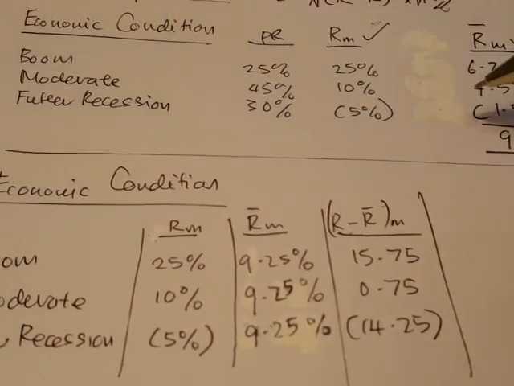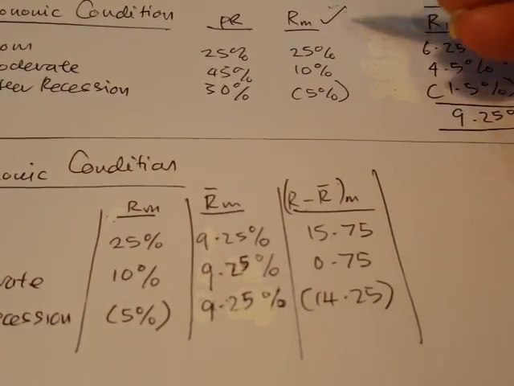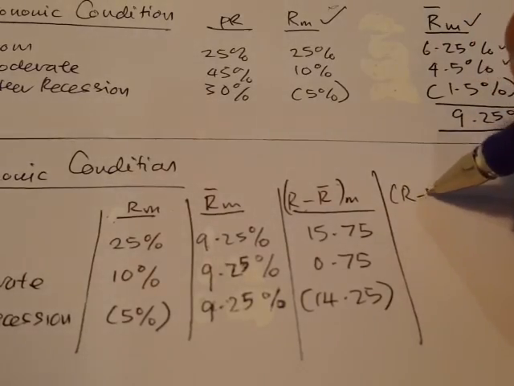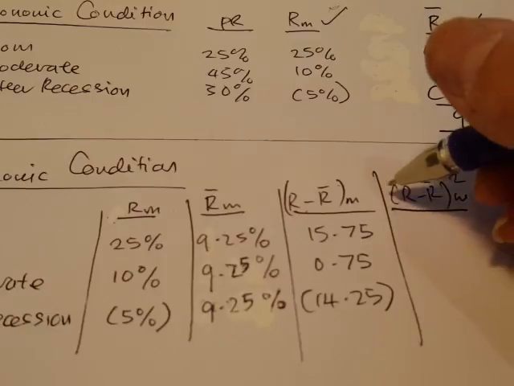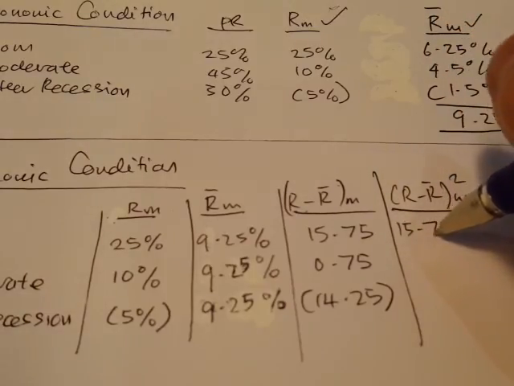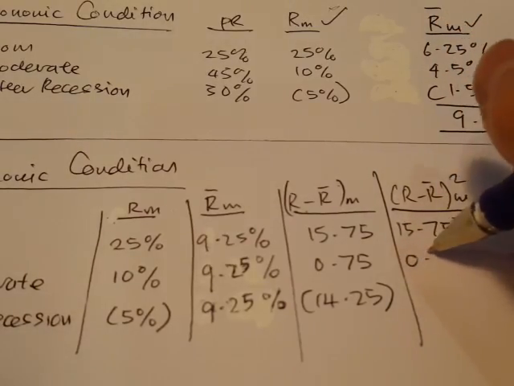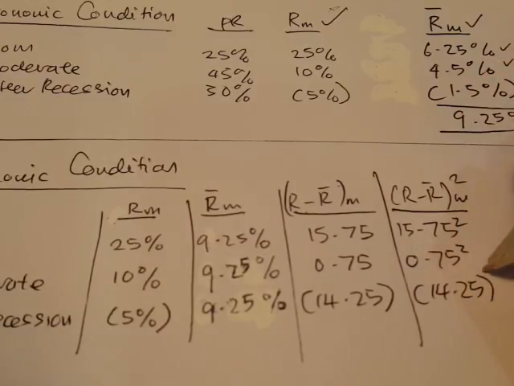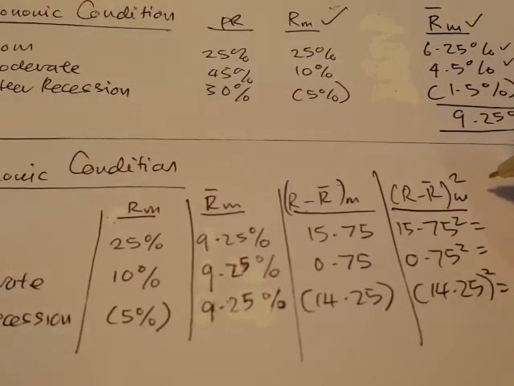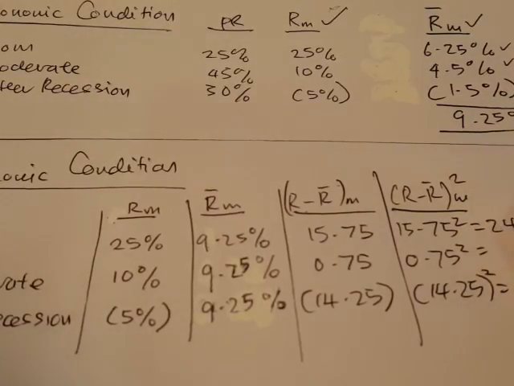Now we need to square this figure, this, and this. What you get? You get around 248.06, 0.56, 203.06.